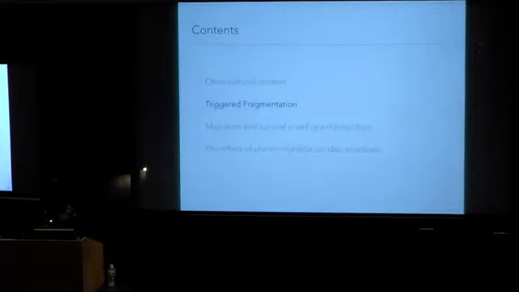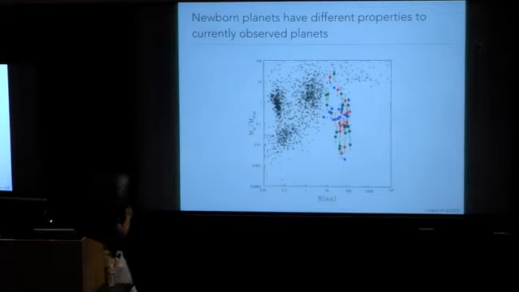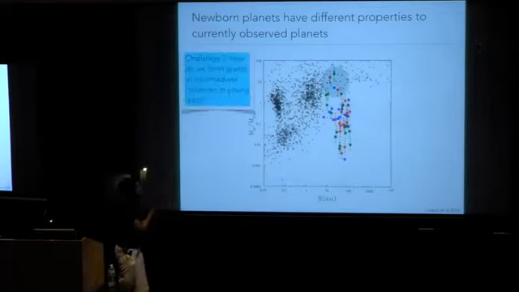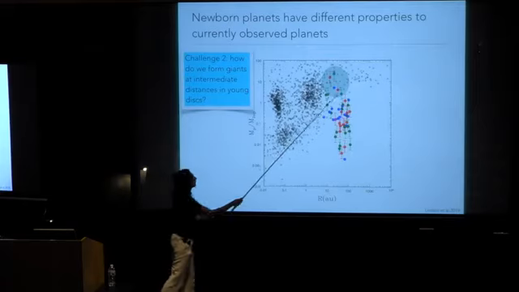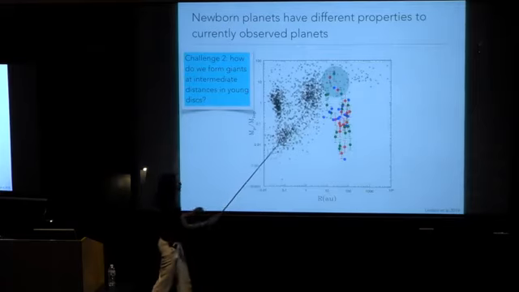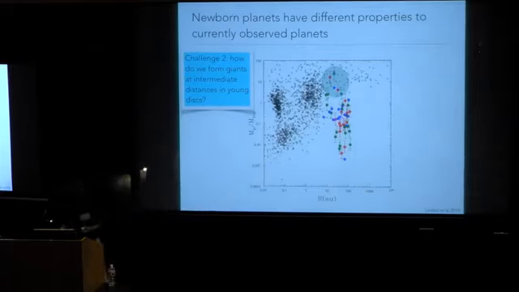So I'll move on to the next topic that I want to discuss, and this is the idea of triggered fragmentation. So I'm going to come back to this plot that I showed a minute ago, and ask a different question. I'm going to highlight now these objects that are higher up, more massive objects at what I refer to as intermediate distances, kind of 30 AU-ish.